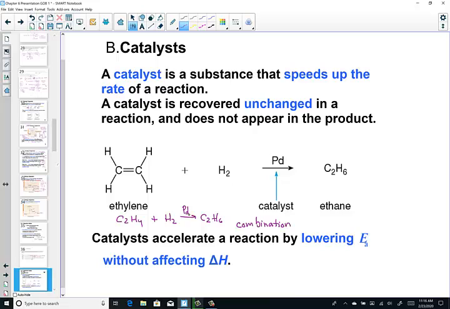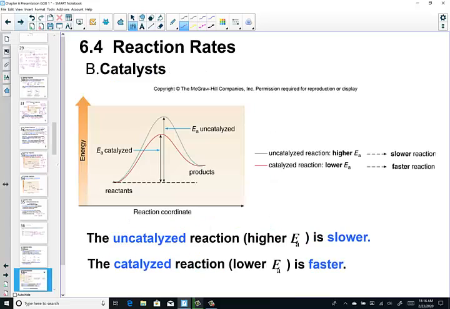Well, let's talk about how a catalyst would work. A catalyst works by changing the amount of activation energy necessary. Really what a catalyst does is provides an alternate pathway for the reaction to occur. Let's suppose in my energy diagram, I start with reactants and I go to the products and I have a very large activation energy.